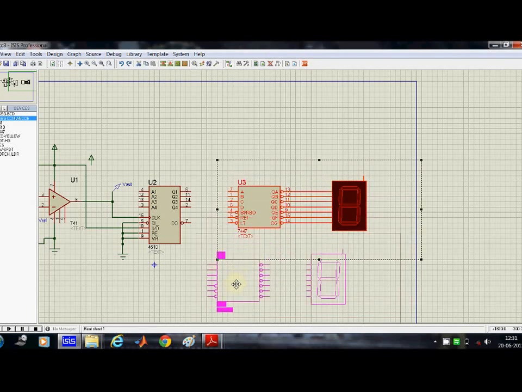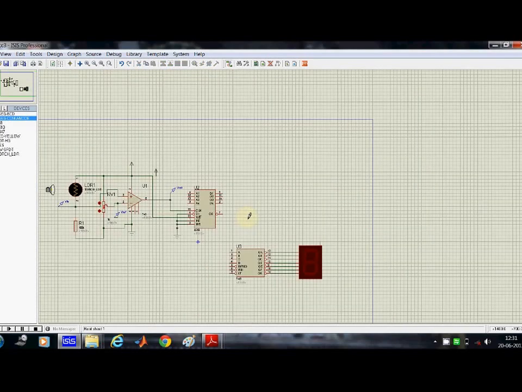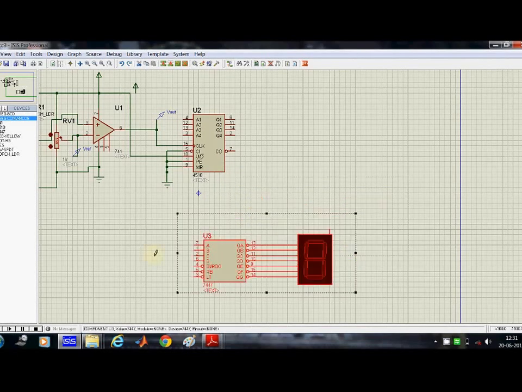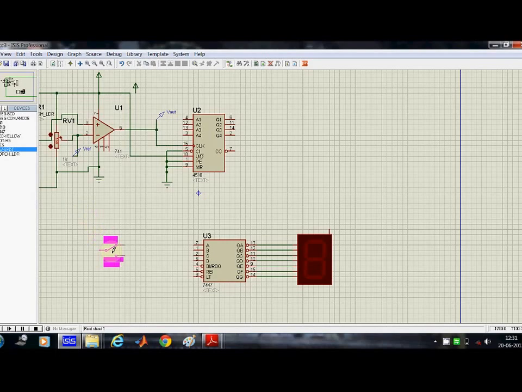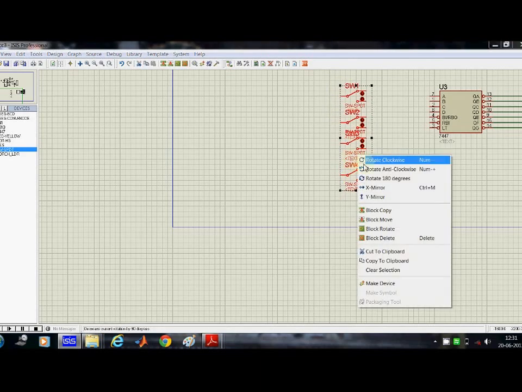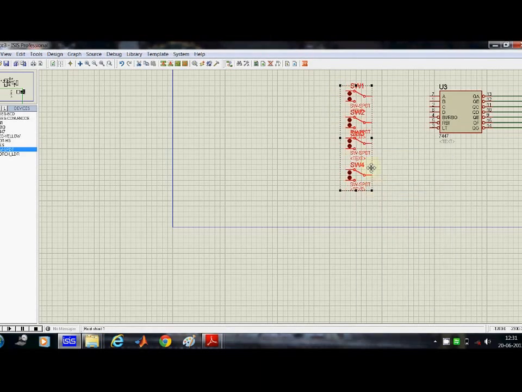I will show you how it responds to BCD. I'll generate artificial BCD, that is, without using the IC, I'll be generating it. For that purpose, I will use 4 SPDT switches, which will represent our 4 bits.